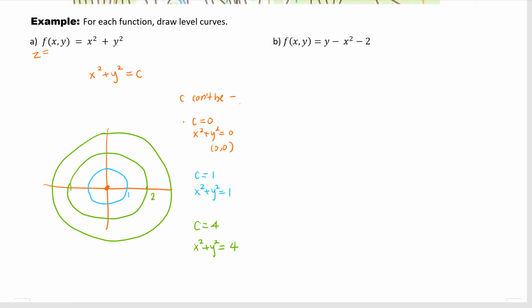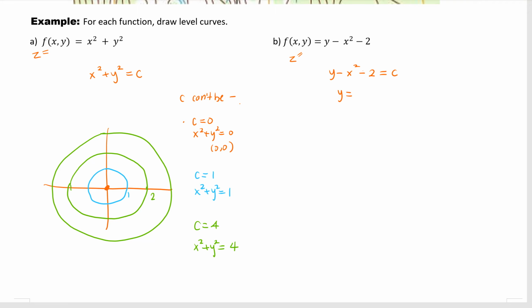Okay, and let's continue. f of x,y equals y minus x squared minus 2. So here, we consider z is like a constant c. So y minus x squared minus 2 equals c.